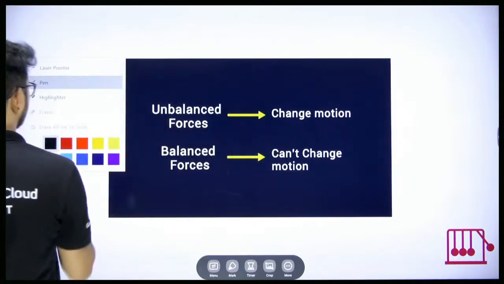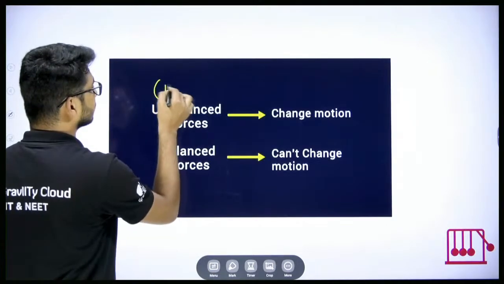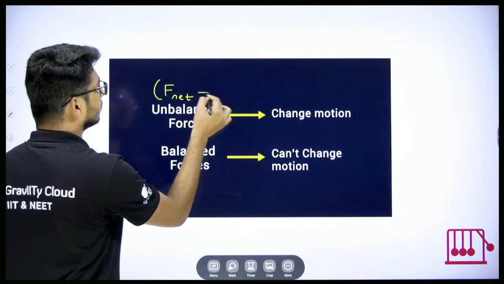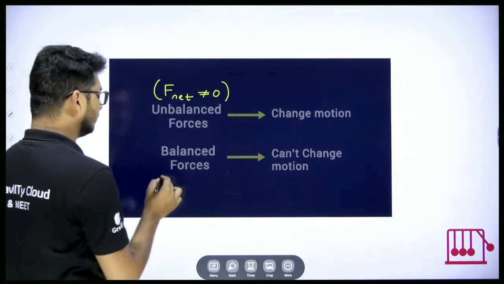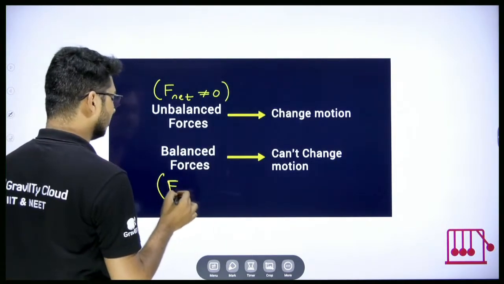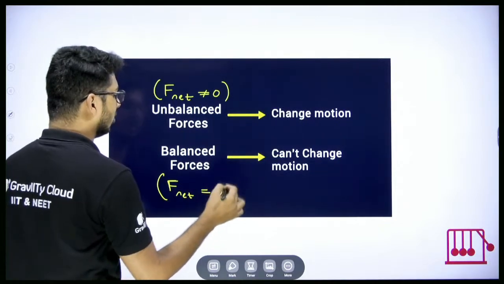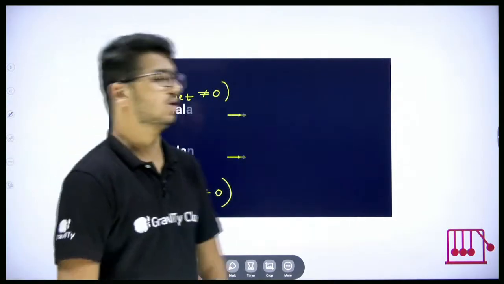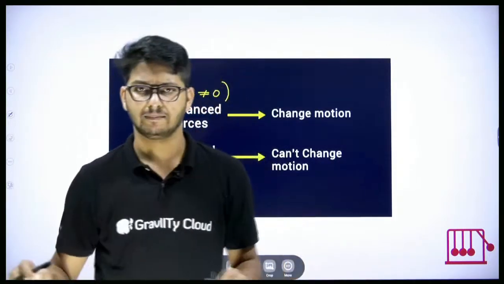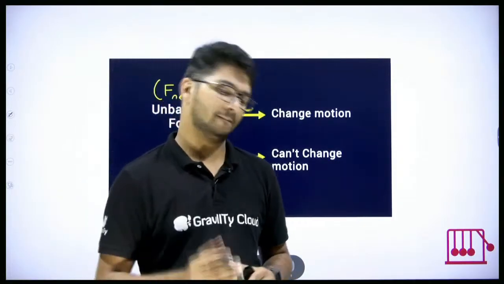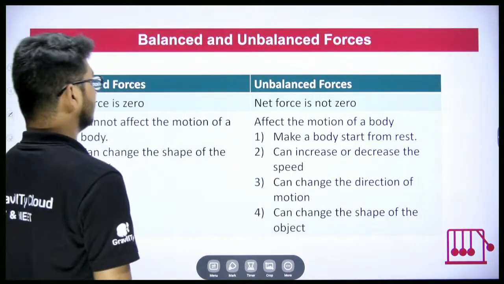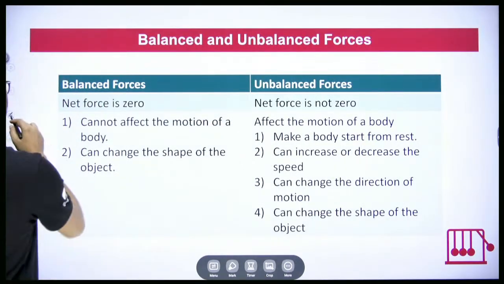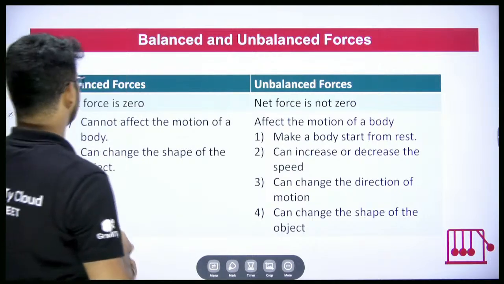So that's why we say that unbalanced forces can change motion. Unbalanced forces, net force is not equal to 0. But balanced forces, net force is equal to 0, so they cannot change motion. They cannot affect motion in any way. Clear? Okay, good. So there is a simple difference between balanced and unbalanced forces.